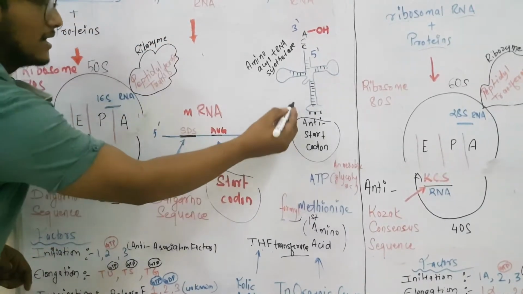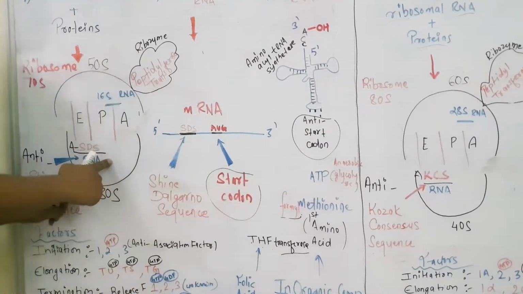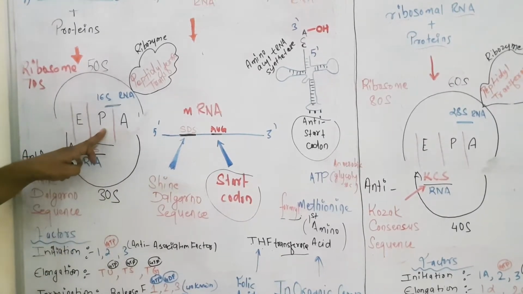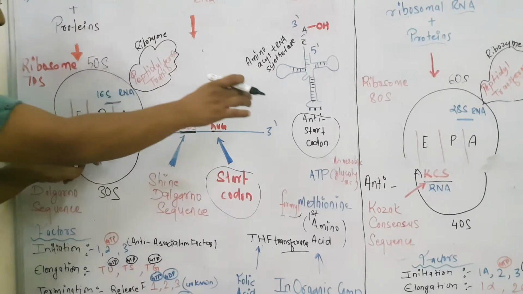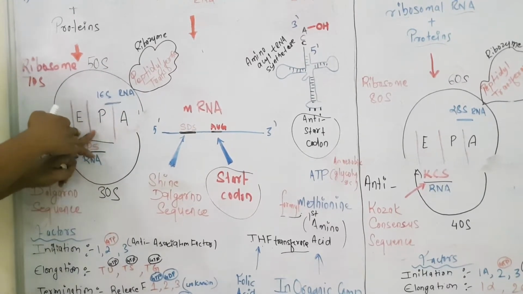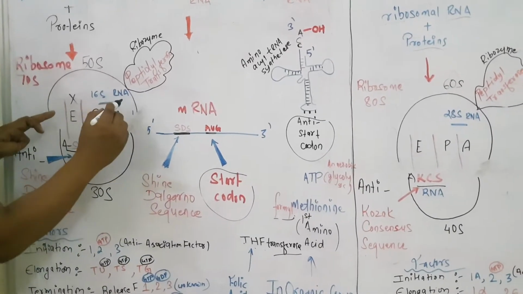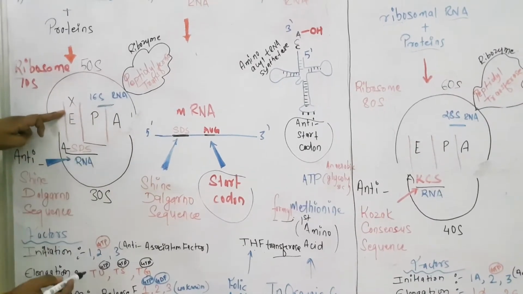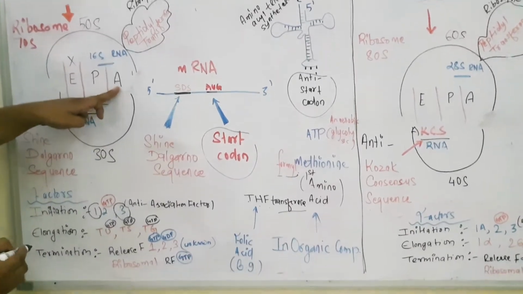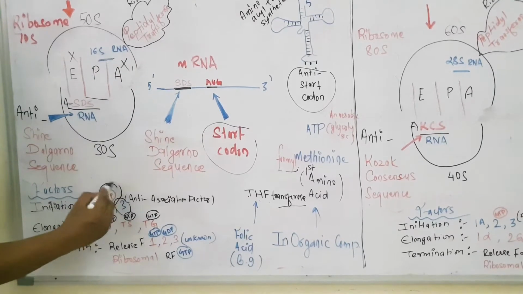Therefore, instead of tRNA first going to the mRNA, it will go to the small subunit. Why? Because the small subunit has a P slot or P site. Okay, and this tRNA can go and sit over the P site. But what about the A site and E site? The E site is blocked initially by initiation factors 1 and 3, and the A site is blocked by initiation factor 2.